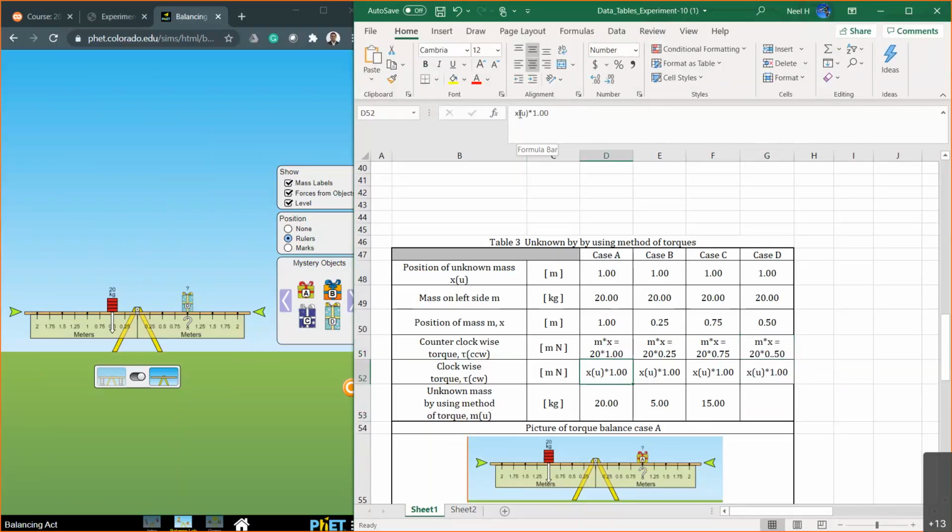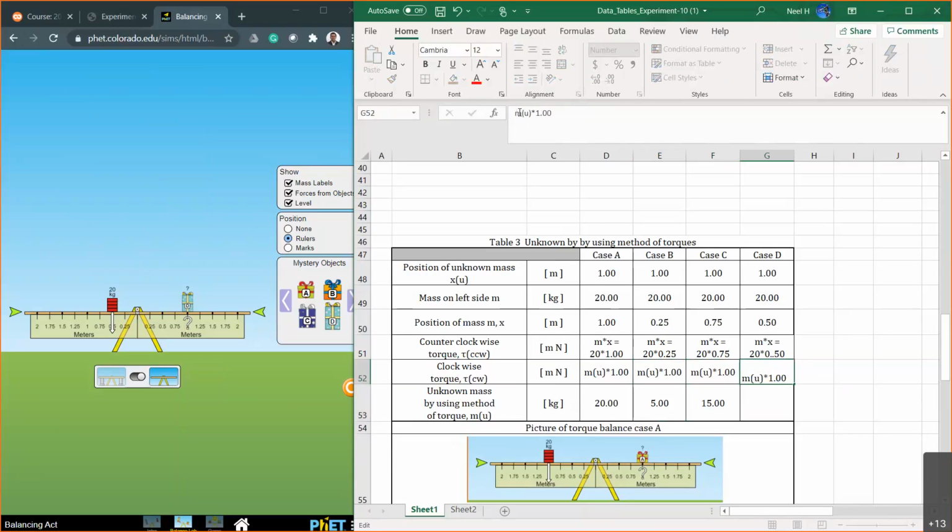So this right here should be MU, right? Because that's the one we're trying to calculate. Please correct that, I mistakenly put it there. X of U we know, but what we don't know is the mass of the unknown. That should be M of U, okay?